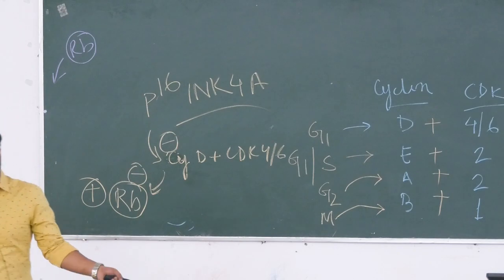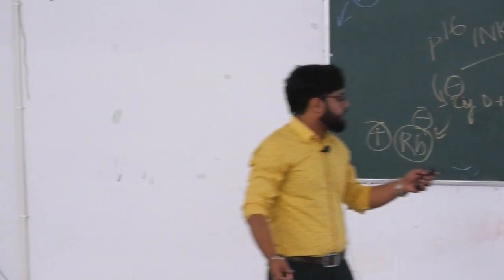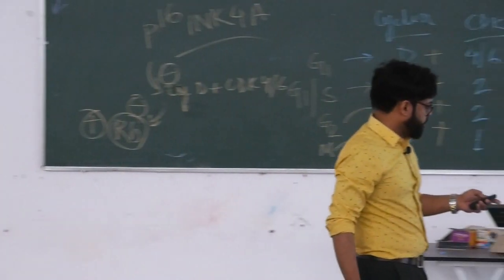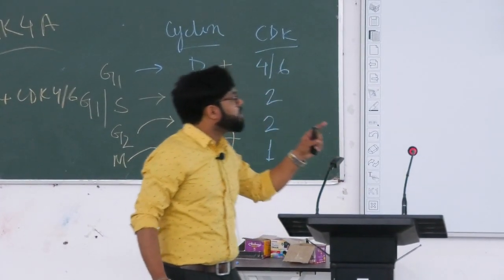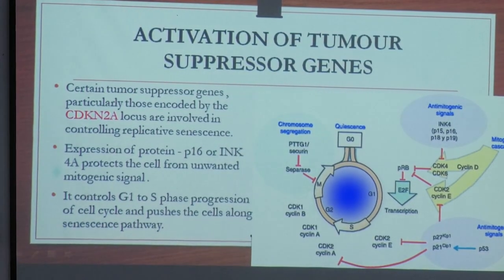The elongation factors are not used, so there is no expression of protein, and therefore it protects the cell from unwanted mitogenic signals.